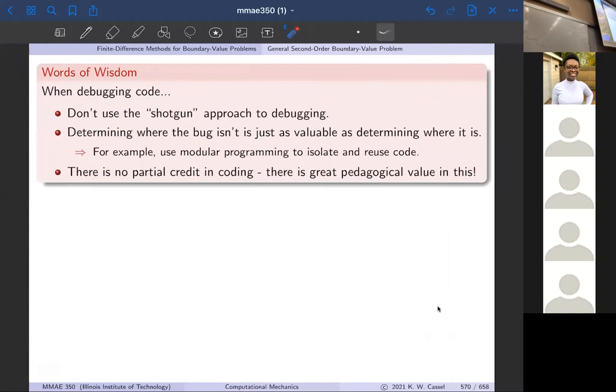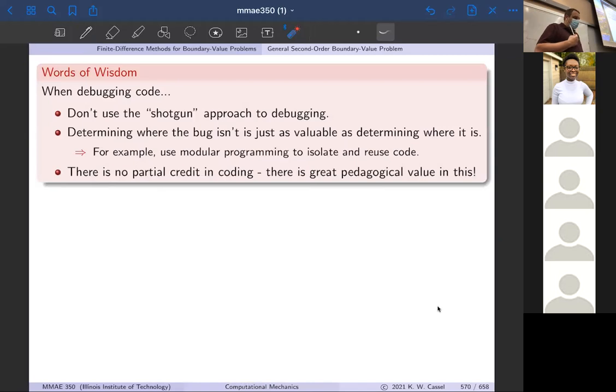Okay, debugging. So I haven't beaten you over the head too much with programming in this class. I try to, on each problem set, have one programming problem on there. I'm sure some of you have just not done those out of some religious opposition to coding. I don't know.